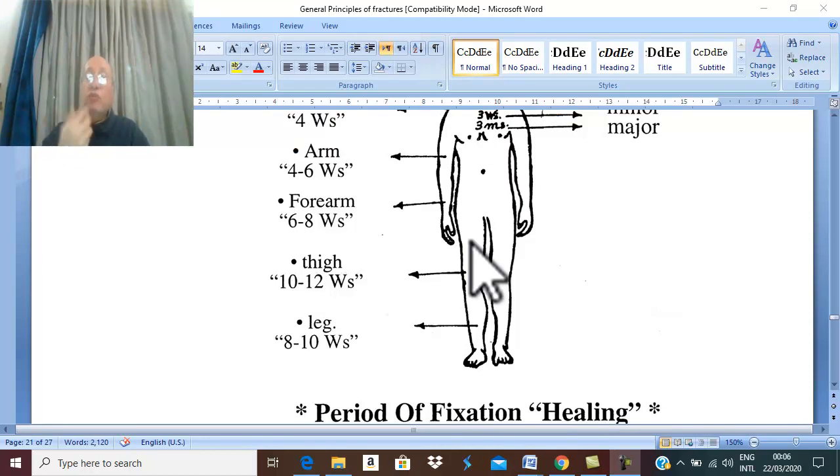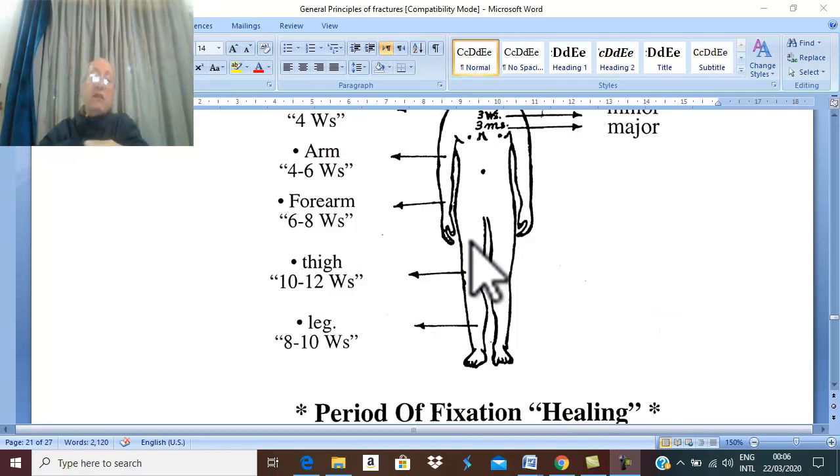And the muscles do not contract during fixation of the plaster cast, leading to muscle atrophy. And this is the importance of rehabilitation after removal of the plaster cast: exercise to regain joint movement and to regain bulk of muscles.